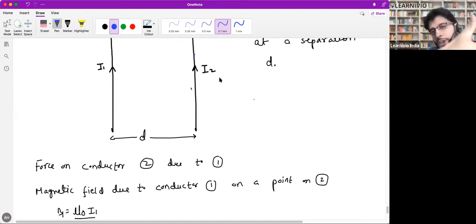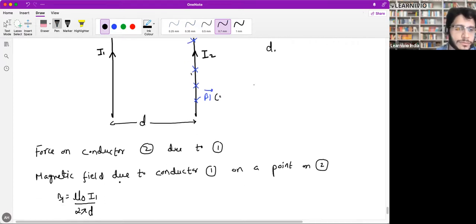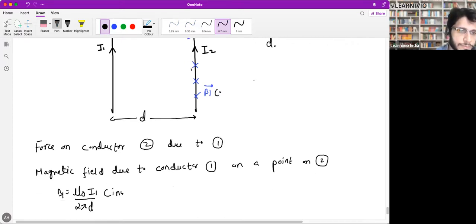Put your thumb in the direction of current. Thumb is upwards. See the curvature of your finger. Over this point, the curvature of the finger is going inwards. So this is the direction of magnetic field B1. Okay, Abdullah? So B1 is inwards.